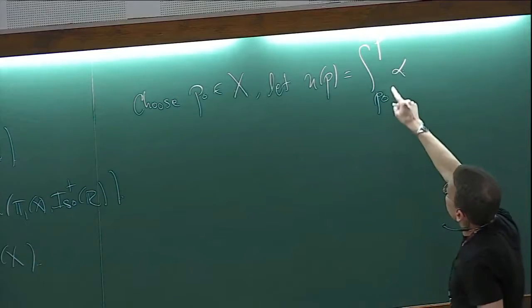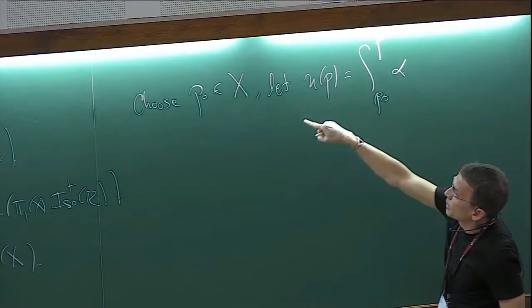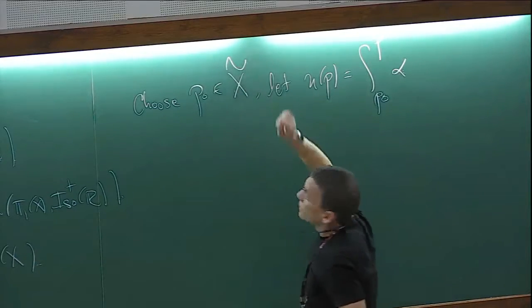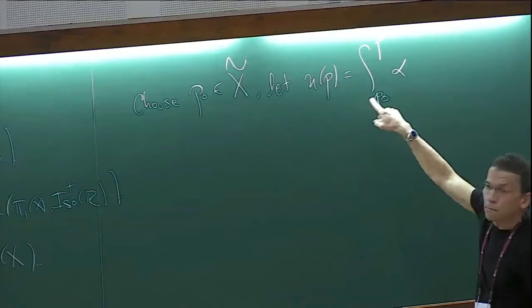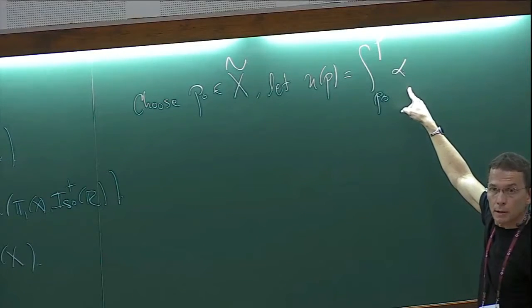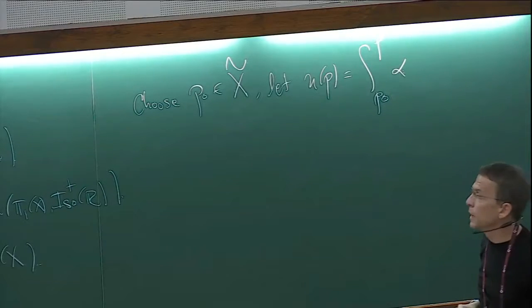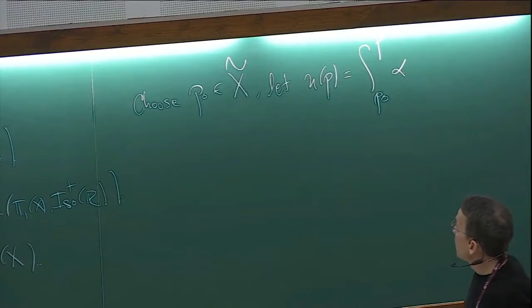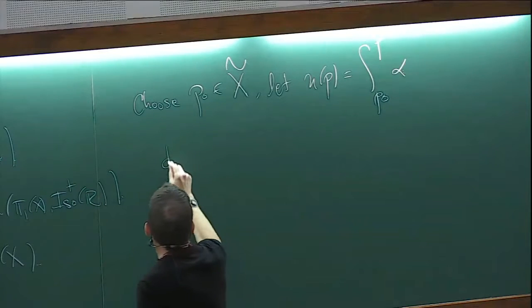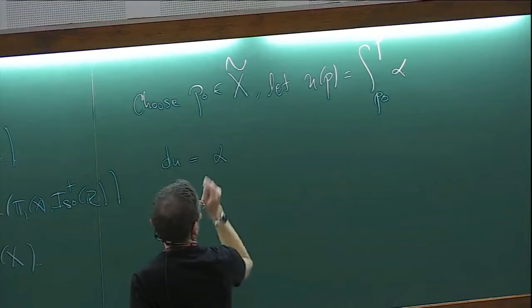Okay, so if I change p by a deck transformation on the universal cover, then this map translates exactly by that corresponding period associated to alpha. So this is an equivariant map in that sense. And what is the derivative of u? It's just alpha.